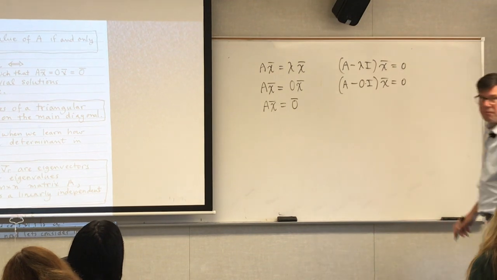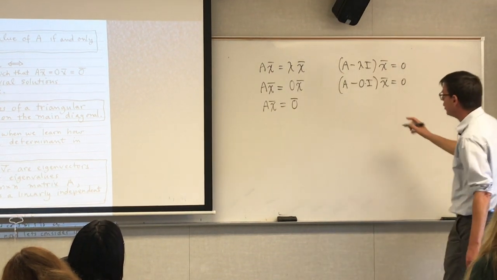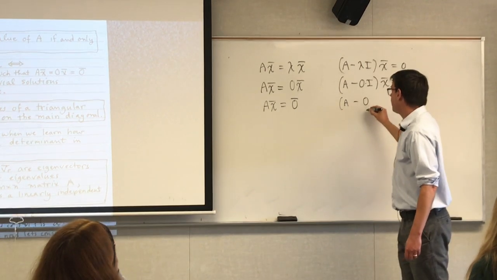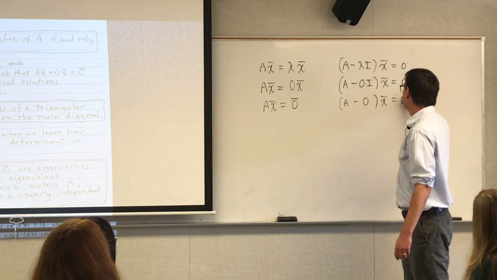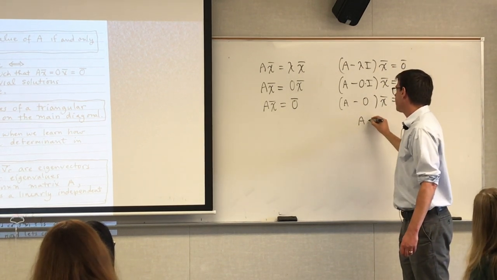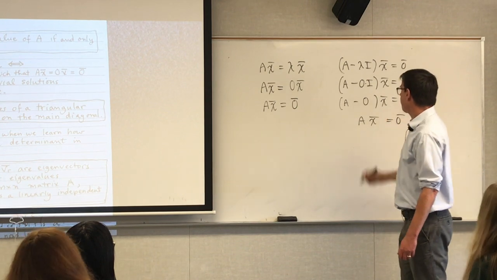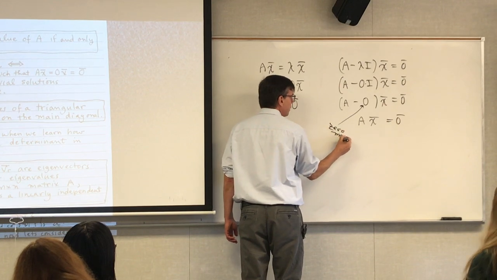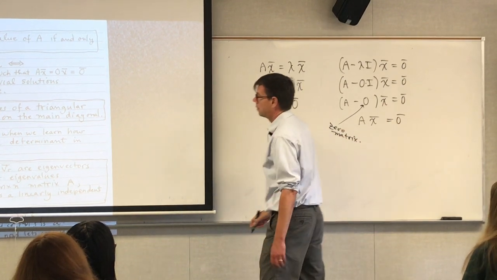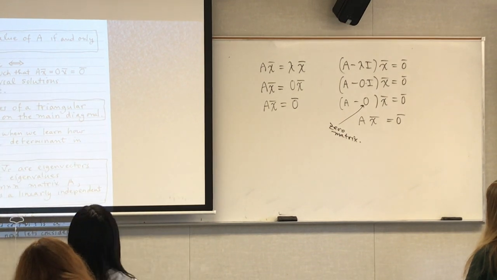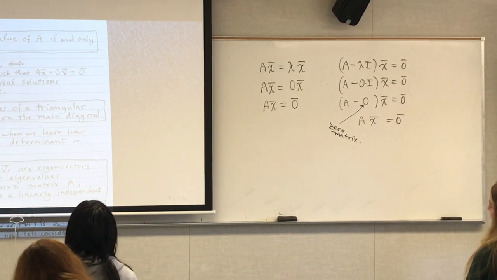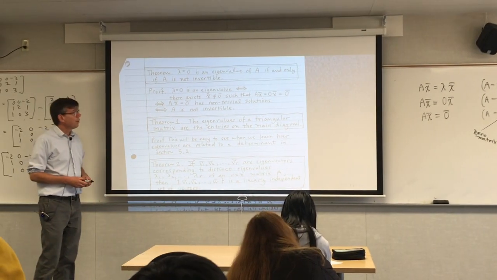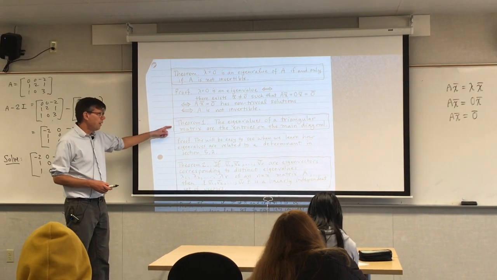I'm just saying the same thing in a slightly different way, just so you can see the notation. A minus 0I, that's just the 0 matrix. These are vectors. And so that's that a matrix is not invertible if and only if 0 is an eigenvalue.